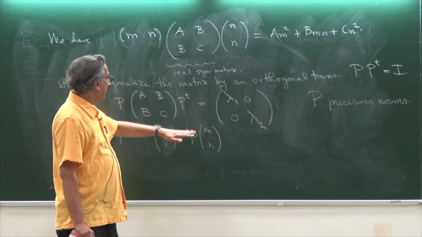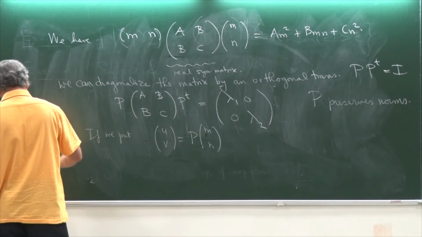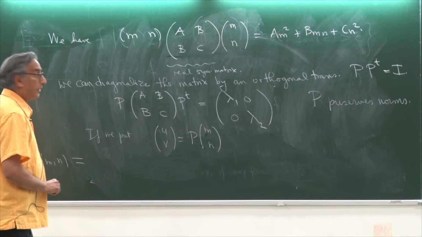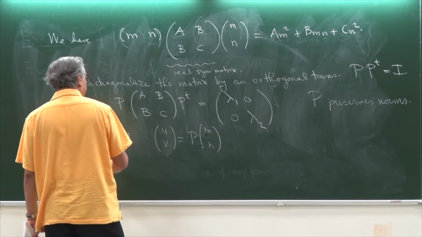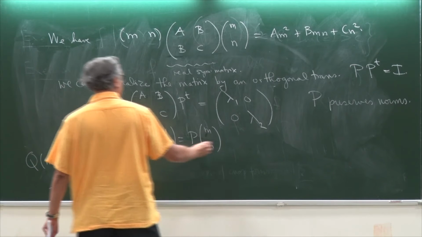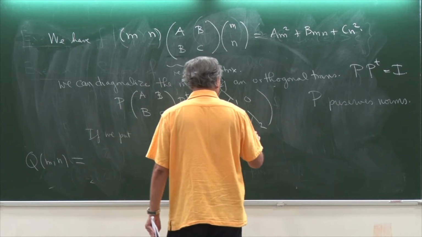So I can rewrite my quadratic form Q(m, n) in terms of u and v.